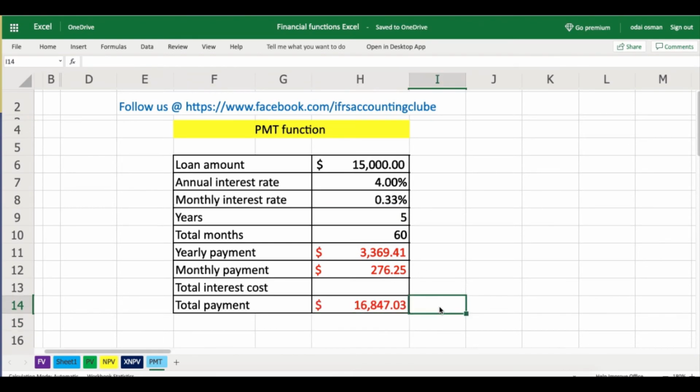So the total interest cost would be equal to this amount minus the loan that we borrowed. So here we have the details right now. Each year we are going to pay $3,369.41, the annual payment. That's all about the PMT function.